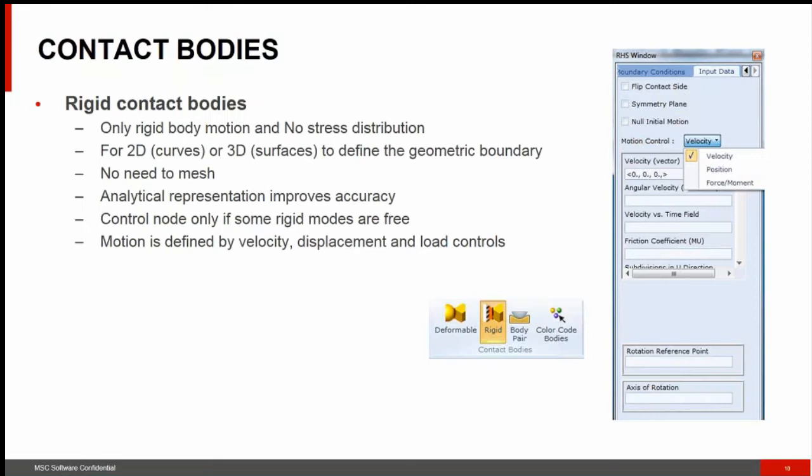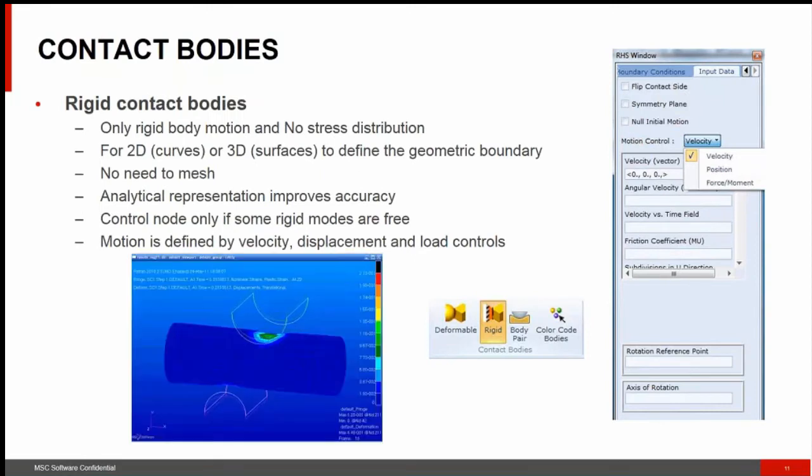Now, there is also another type of contact body available in Nastran, called the rigid contact bodies. Again, as I said, sometimes the contact body is much stiffer, so that's why we call it rigid. These surfaces do not deform. For most rigid bodies, the geometry is generally defined by an analytical 2D NURBS curve or 3D NURBS surfaces.